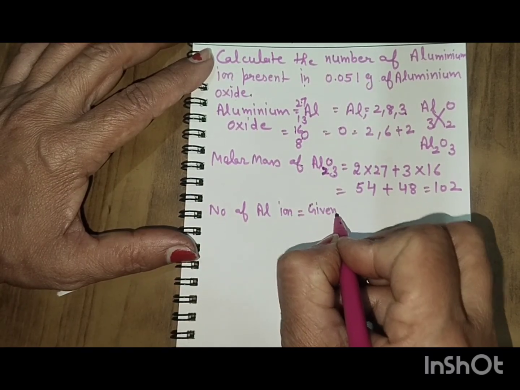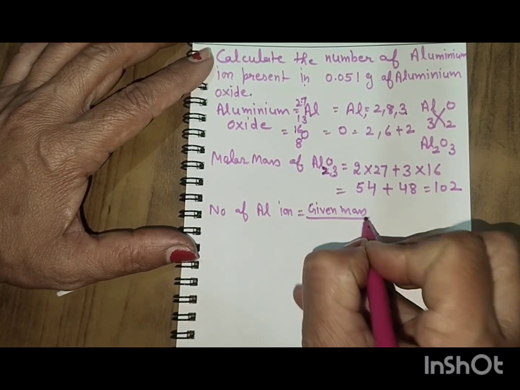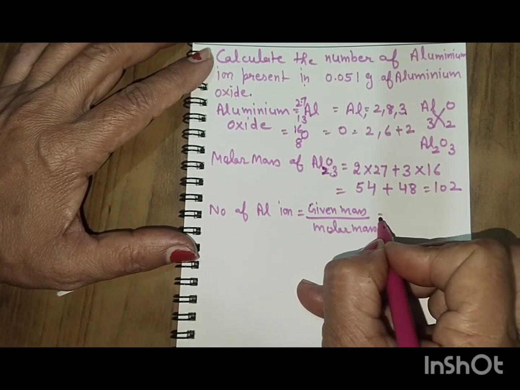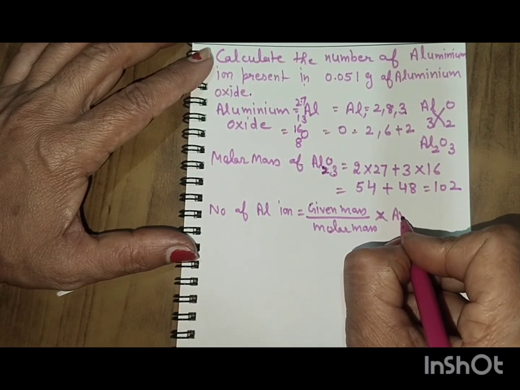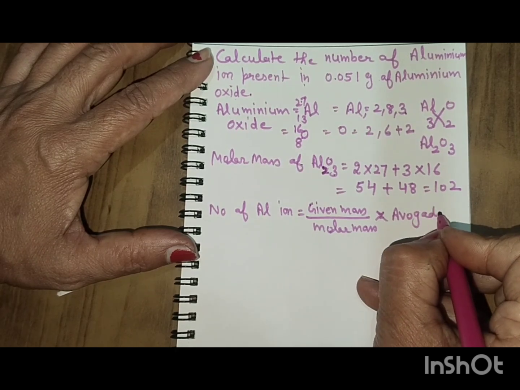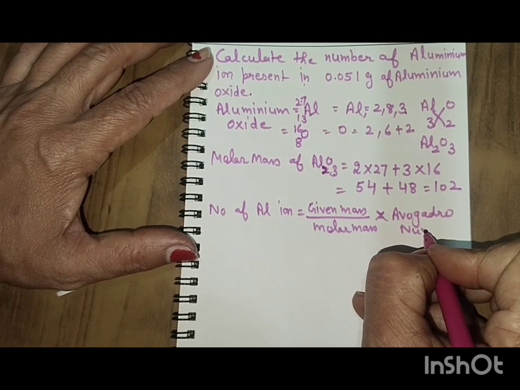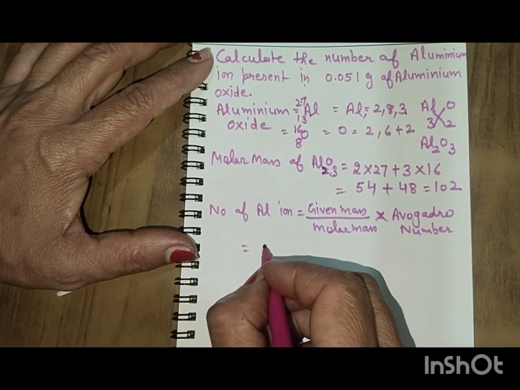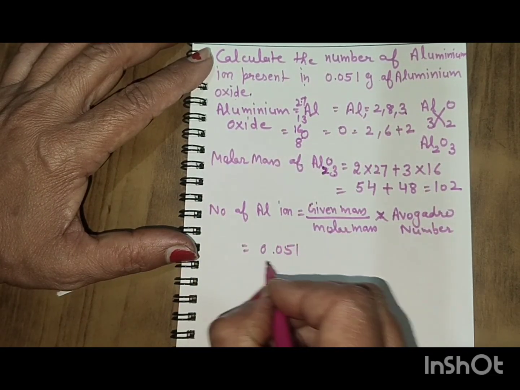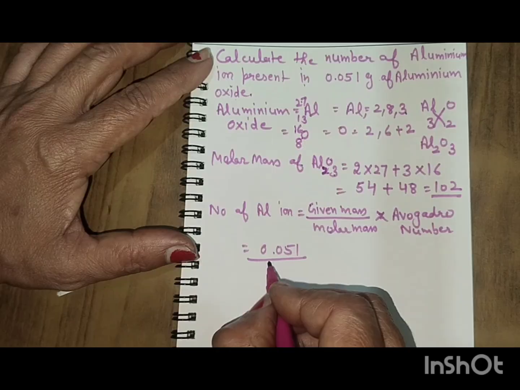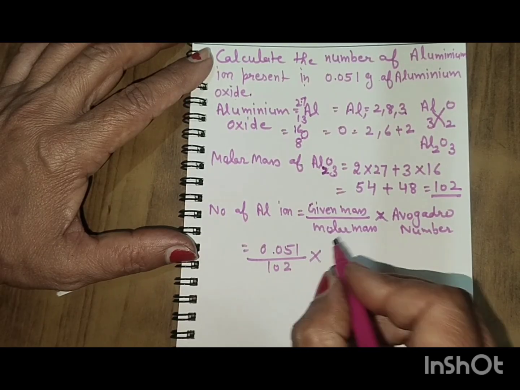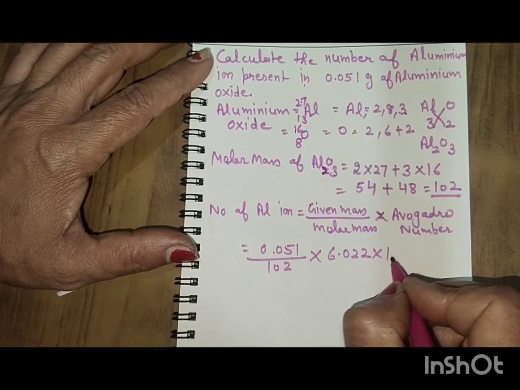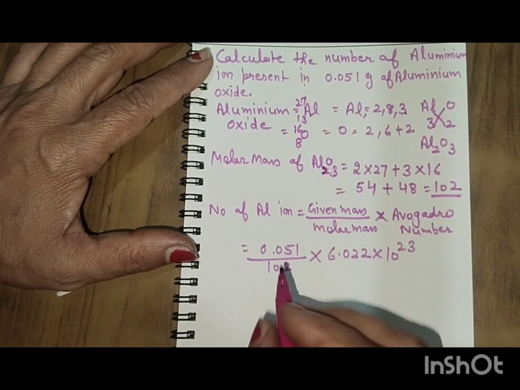Now number of aluminium ions is given mass by molar mass into Avogadro number. Given mass here is 0.051, molar mass is 102, and Avogadro number is 6.022 into 10 raised to power 23.